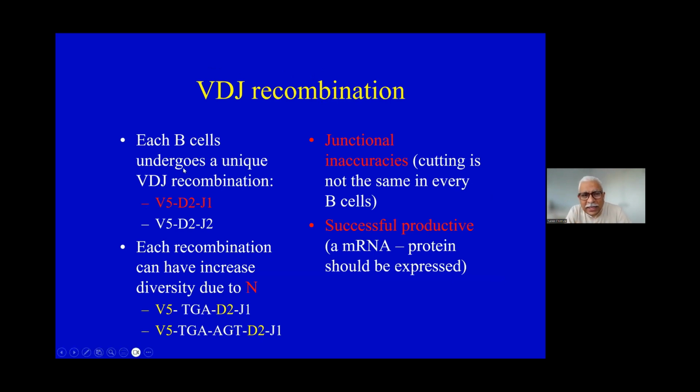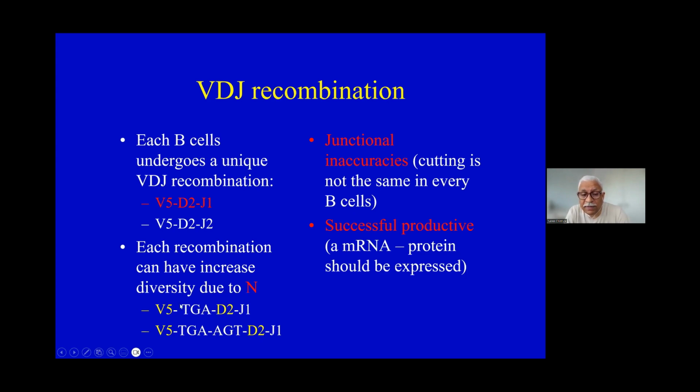So we said that each B cell undergoes a unique VDJ recombination. The example we looked at was V5 and D2. And then there could be a separate junctional sequence. The second point was each recombination can have an increase in diversity due to the N-nucleotide addition.